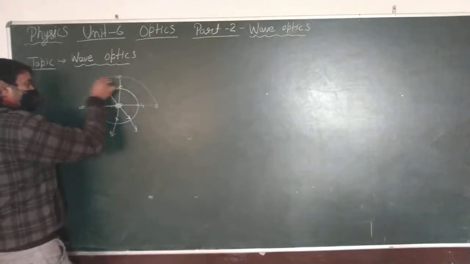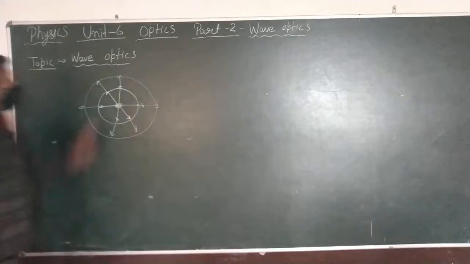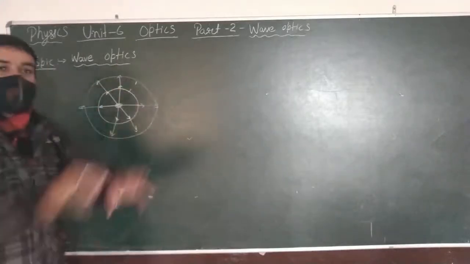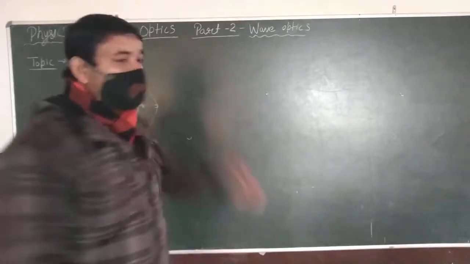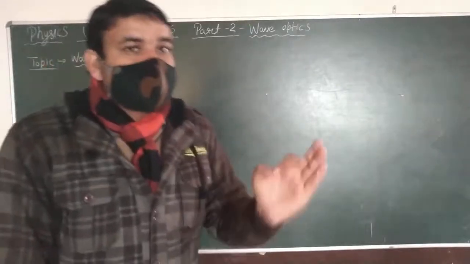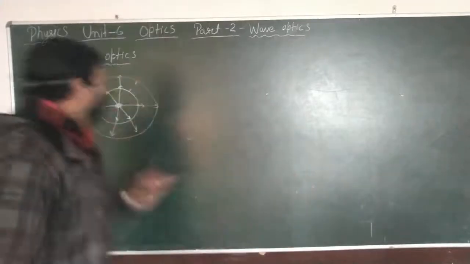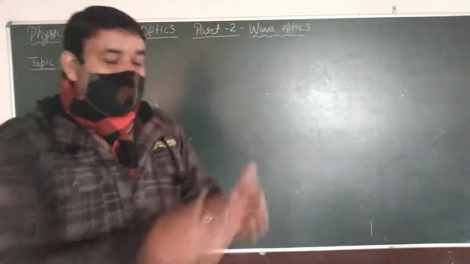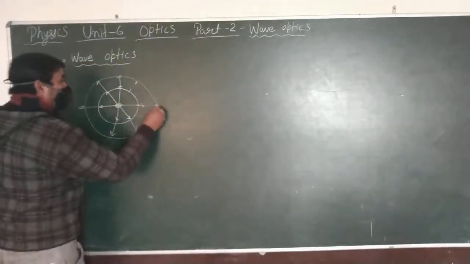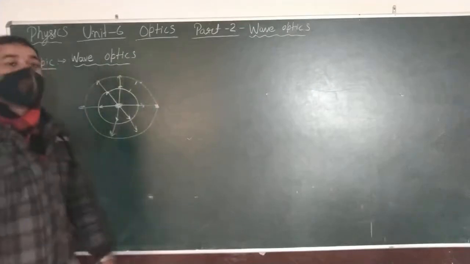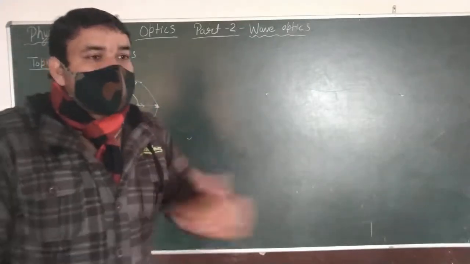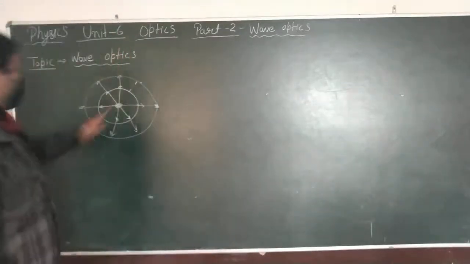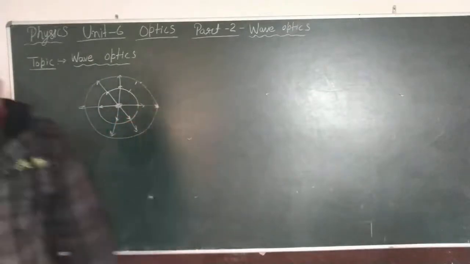And when we join them, we get a parallel equidistant new sphere. According to him, every sphere behaves like a wavefront, and each point is called a wavelet, and each wavelet is able to produce a wavefront in the forward direction as the first wavefront does.